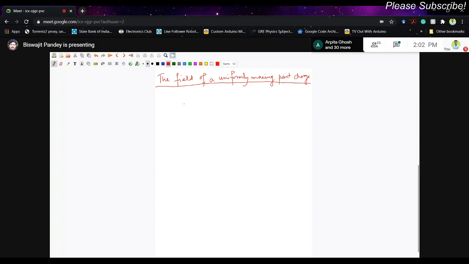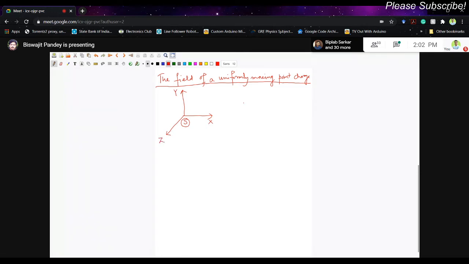Okay, so here we have a laboratory frame which is at rest, and we have a test charge.